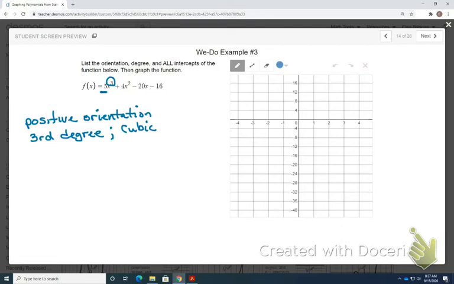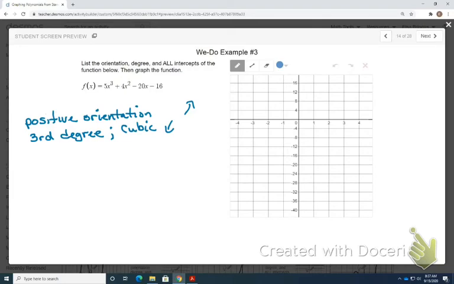And I know that because it has positive orientation and is a third degree polynomial, the end behavior, or what's happening at the ends, is going down to the left, up to the right. And it's not factored for me, so I'm going to have to factor this to find all the zeros and then write those as intercepts.